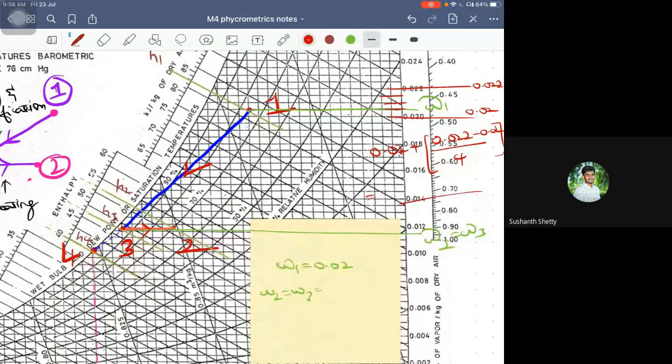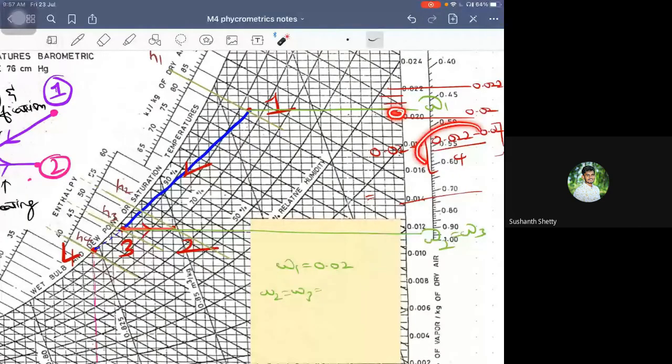We are dividing it into 4 parts, no? 1, 2, 3 and 4. So 4 parts we are dividing it, so one part extra is there. That is what I'm adding here. Okay, 1 by 4th of the difference.